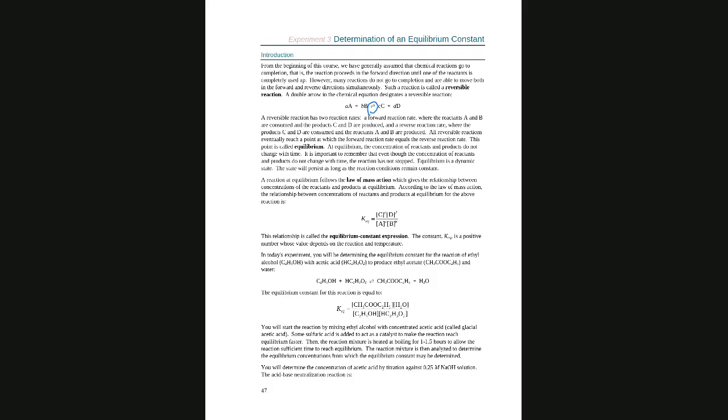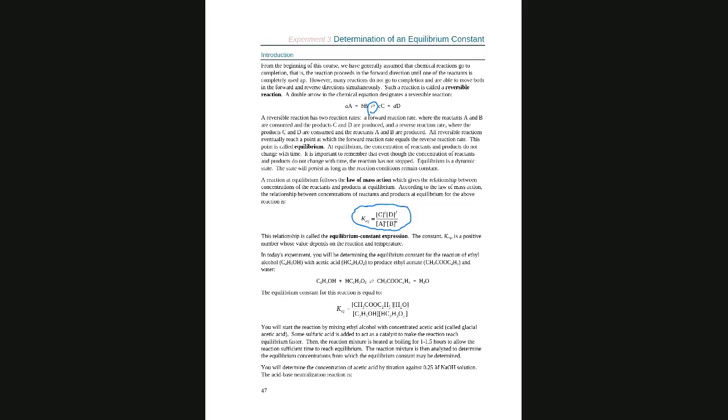And here it is, this is the equilibrium constant. But what concentrations are we going to plug in? C, D, A, B. We are going to plug in the concentrations at equilibrium.